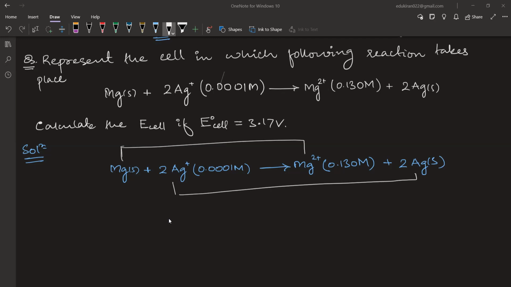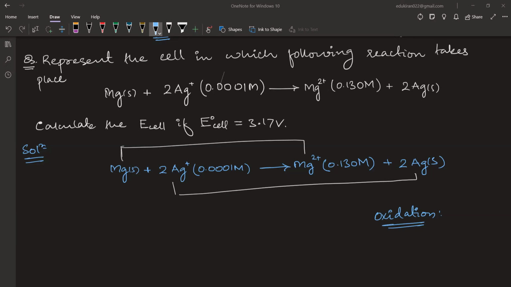Say yes or no. So tell me in chat whose oxidation is taking place, Mg or Ag? Tell me in chat. Okay Fatima, yes, correct. Sara and Wafia, very good. So you have identified it.